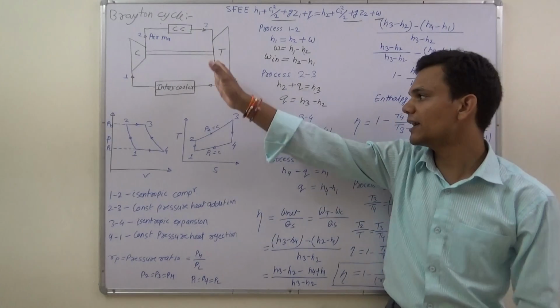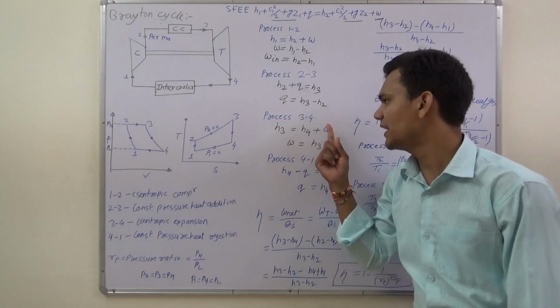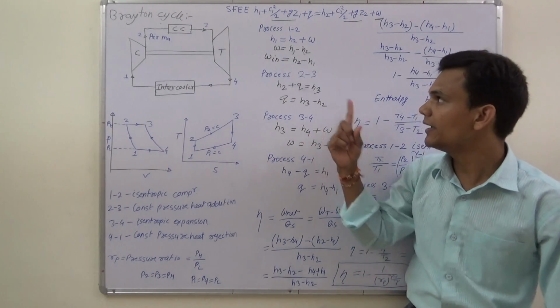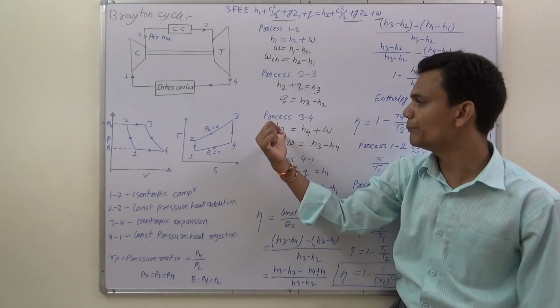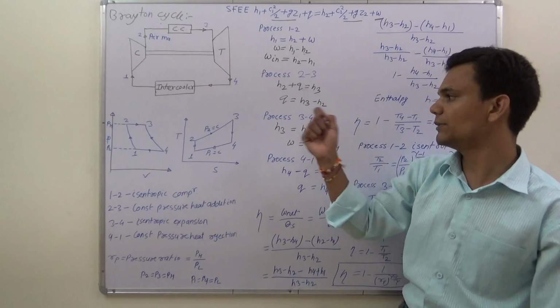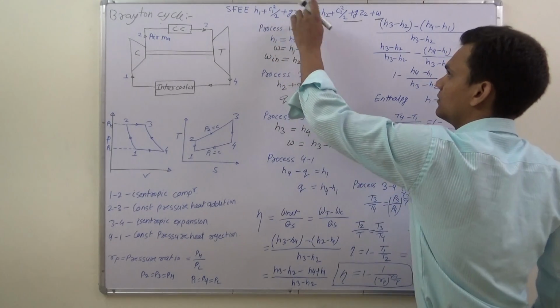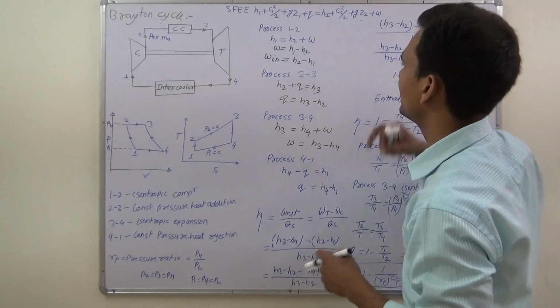Next device is the turbine. The turbine is installed from 3 to 4. So we can apply the equation for 3 to 4. H1 will become H3, and H2 will become H4 for our device. In the turbine, we are getting work.